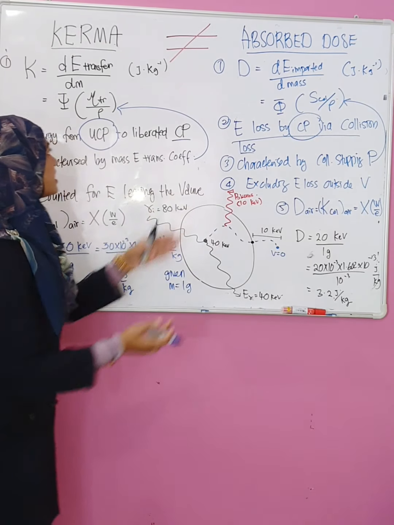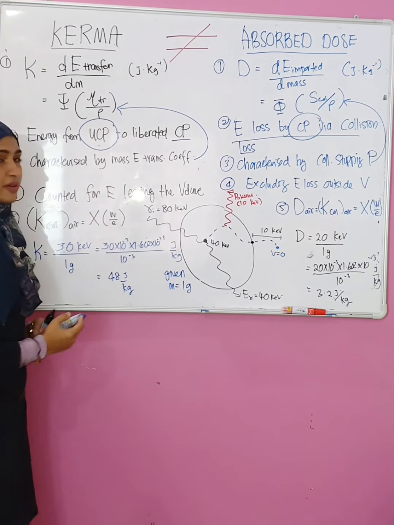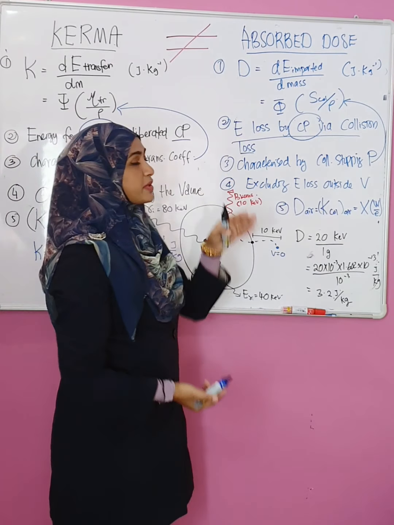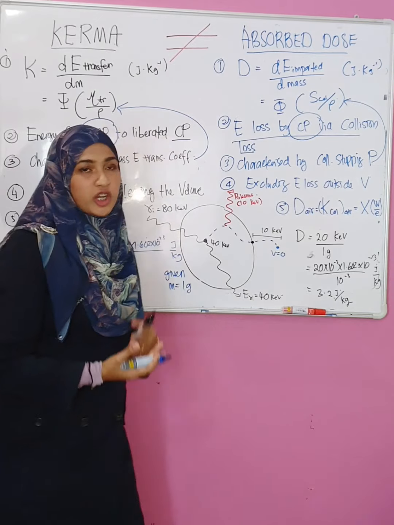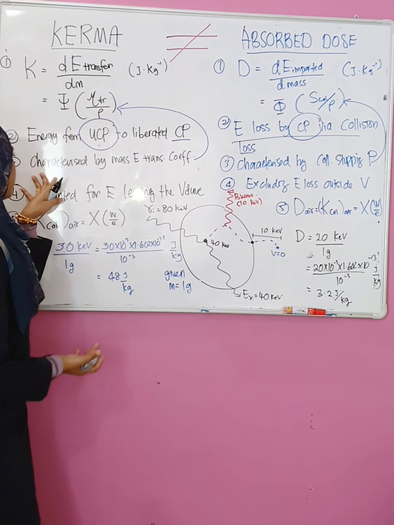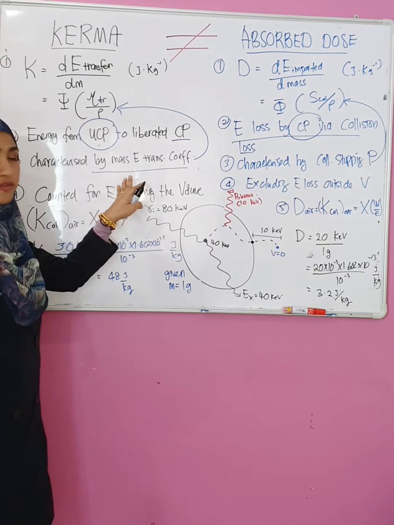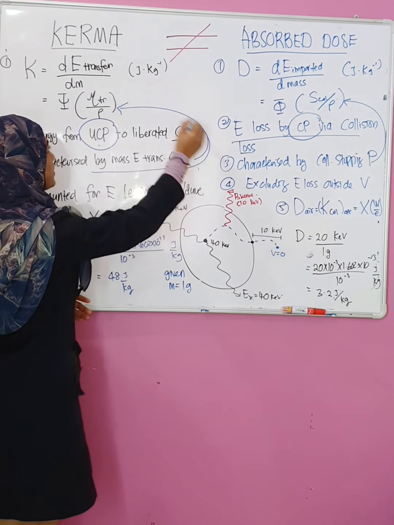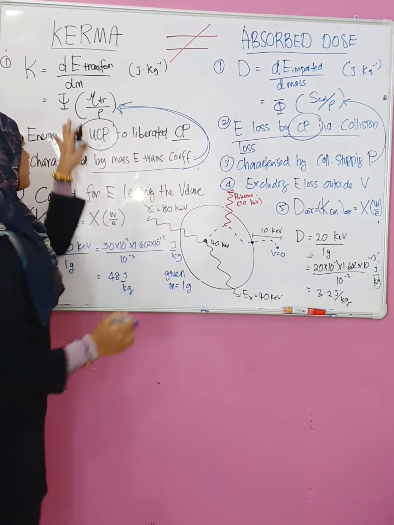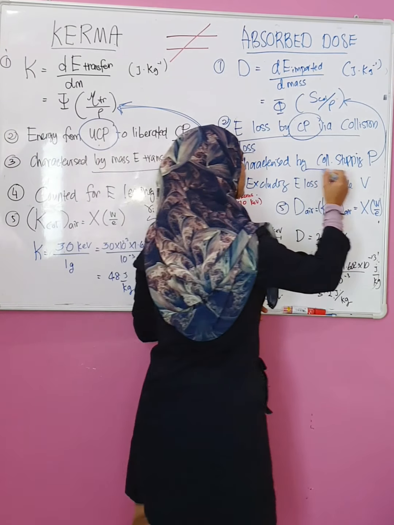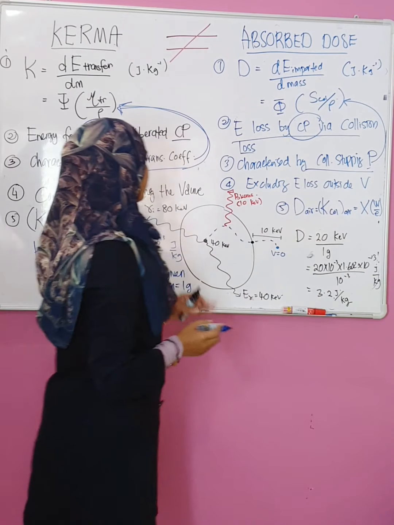So the difference is that for KERMA, energy is coming from uncharged particles to charged particles, and for absorbed dose, it is energy lost by the charged particles. KERMA is characterized by the mass energy transfer coefficient, that is why we can measure from here. And absorbed dose is characterized by collision stopping power.